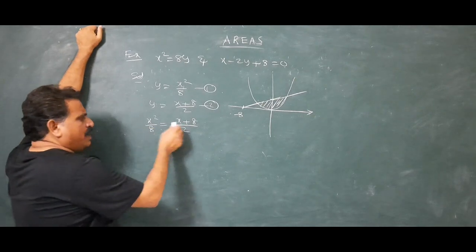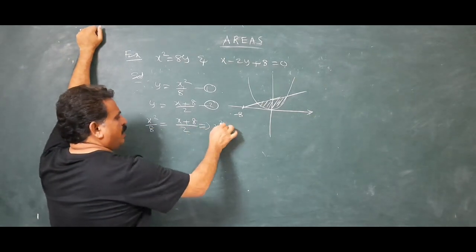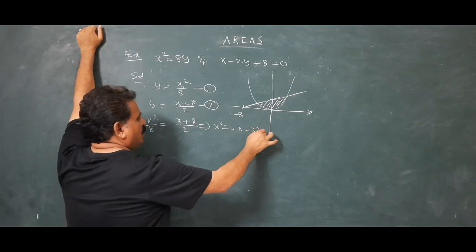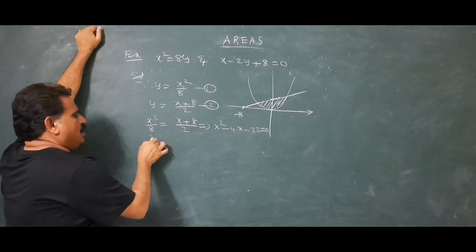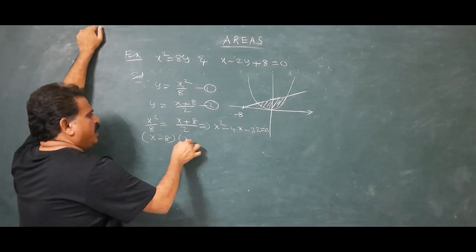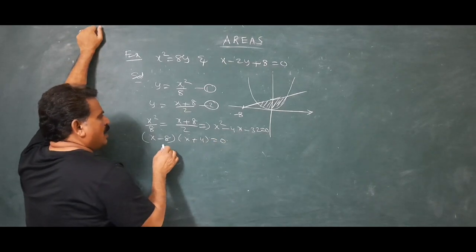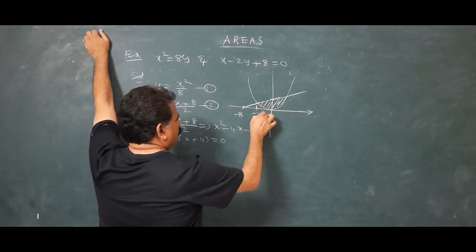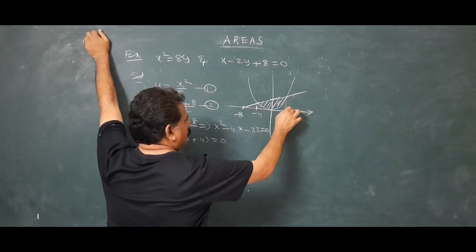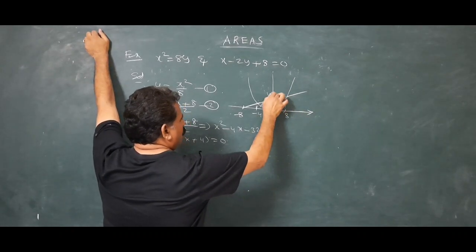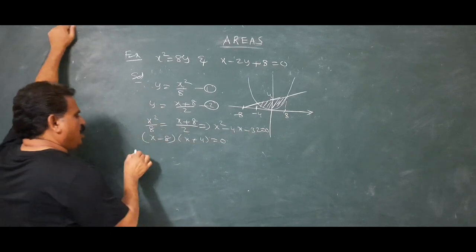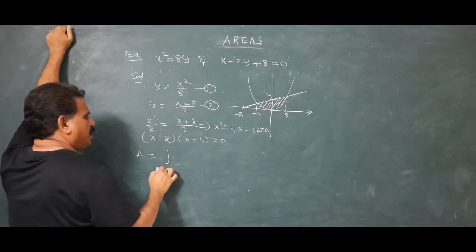Cross multiplication gives x square minus 4x minus 32 equal to 0. By solving this, x minus 8 into x plus 4 equal to 0. So x is minus 4 and 8. Area from minus 4 to 8.